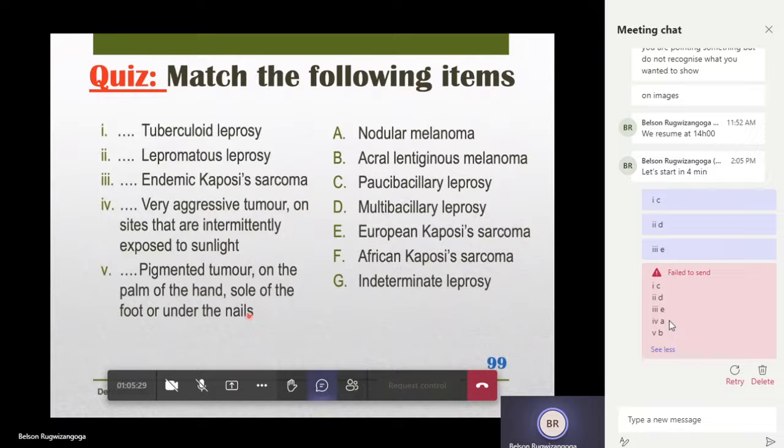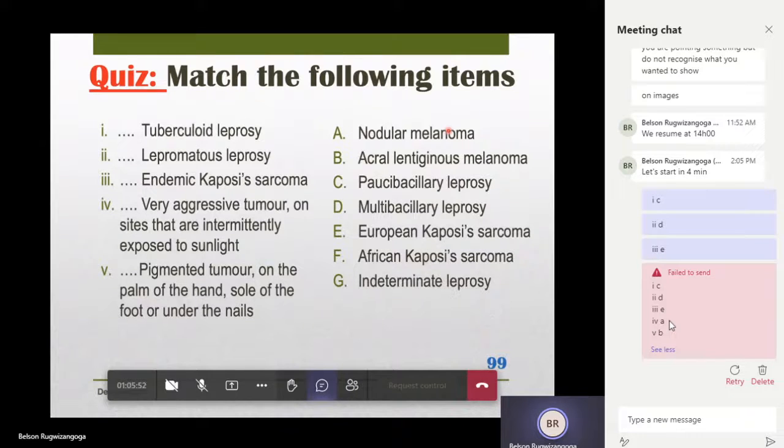The melanoma which appears on the extremities is acral lentiginous, so 5 will be linked to B. And 4, a very aggressive tumor, is nodular melanoma, because nodular melanoma is the most aggressive form of melanoma.